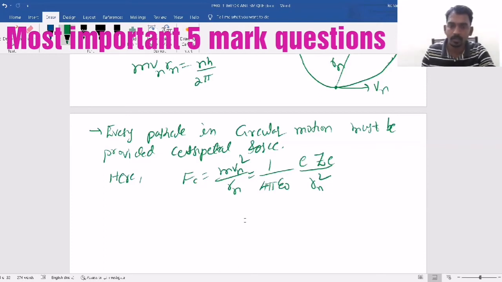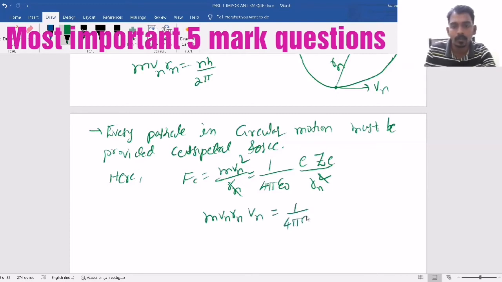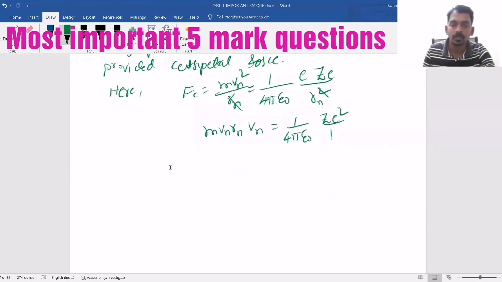So here Rn gets cancelled, so Rn you bring this side. So m Vn Rn into Vn equals 1 by 4 pi epsilon naught Ze square. What I have written is Vn square as Vn into Vn.